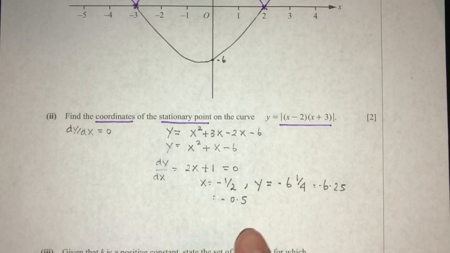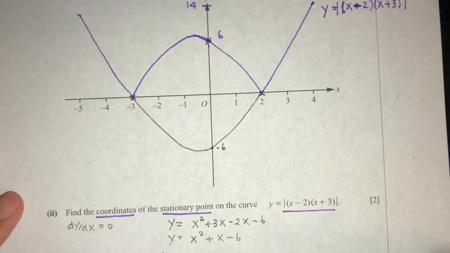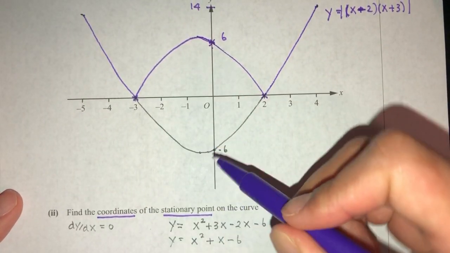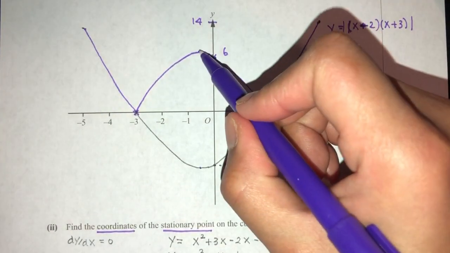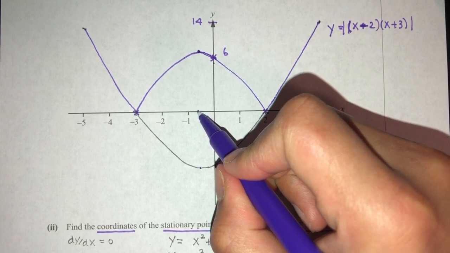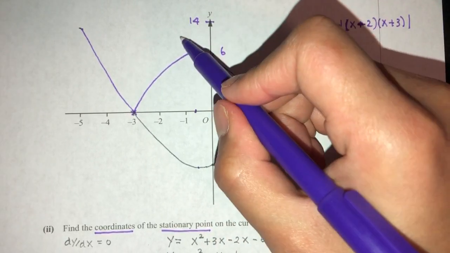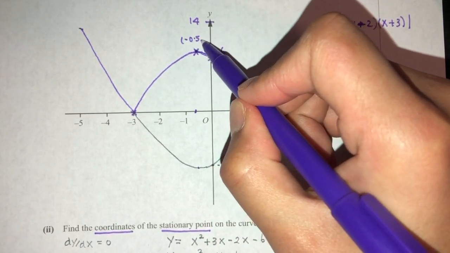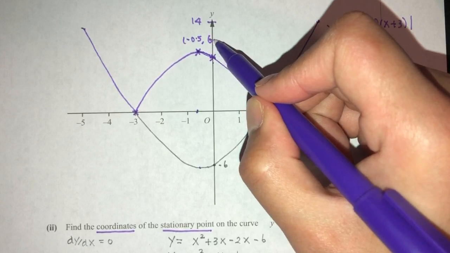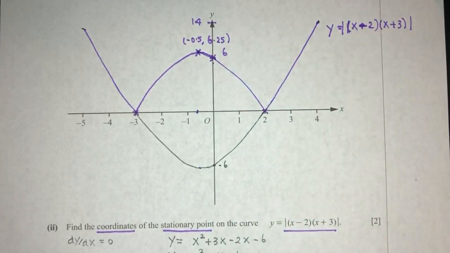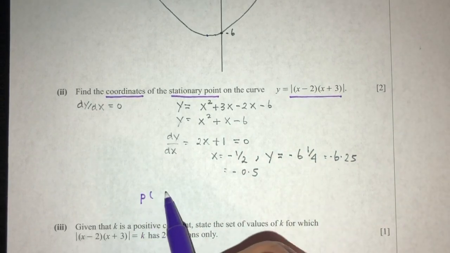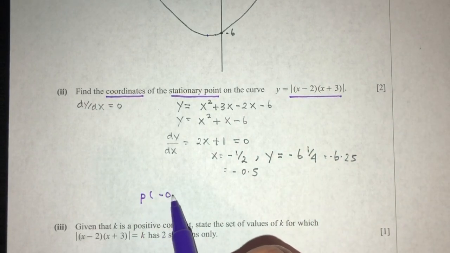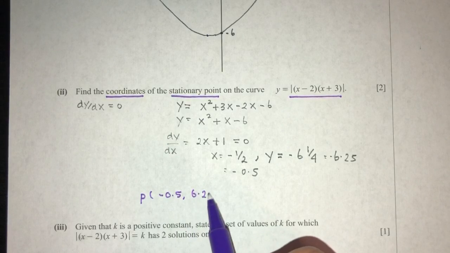Now again, this one is without the modulus, so usually it will be here, but we have to reflect this to the positive side. So this will be the maximum point. Minus 6.25 has to become the positive value. It will be 6.25. So your point will be minus 0.5 and 6.25.